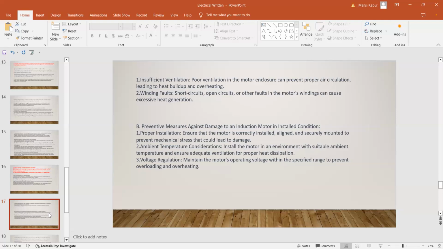Ambient temperature consideration: install the motor in an environment with a suitable ambient temperature and ensure adequate ventilation for proper heat dissipation. Voltage regulation: maintain the motor operating voltage within the specified range to prevent overloading and overheating.